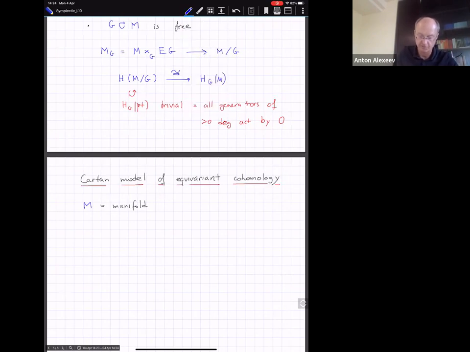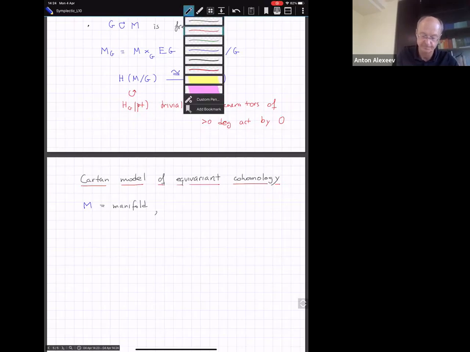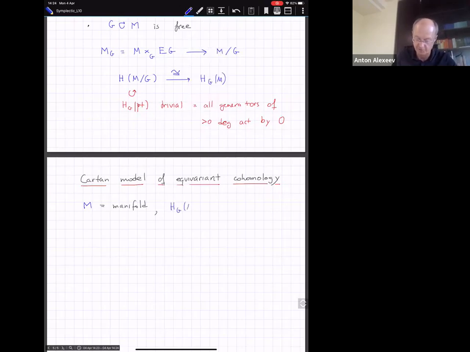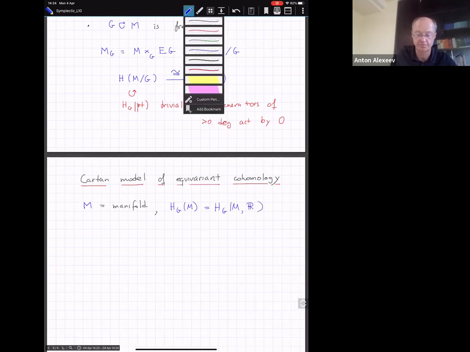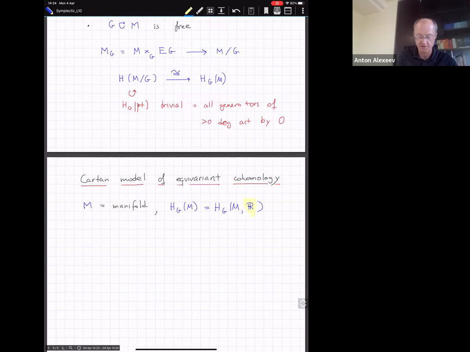And we'll denote it still H_G of M, but we'll always be discussing the equivariant cohomology with real coefficients, right? So these are two assumptions of Cartan's theory. Then there is the following famous theorem of Henri Cartan, which says the following.